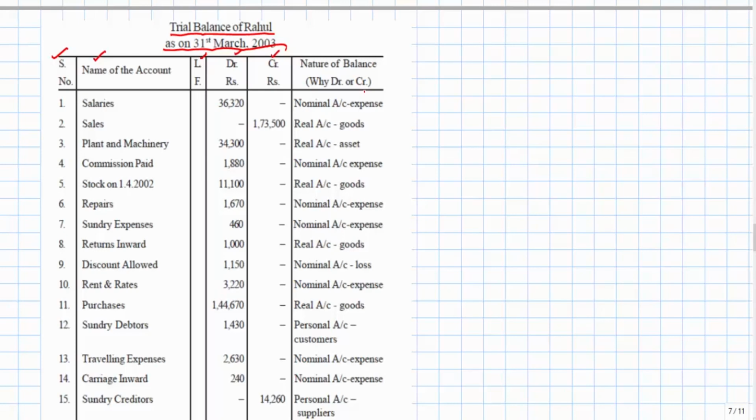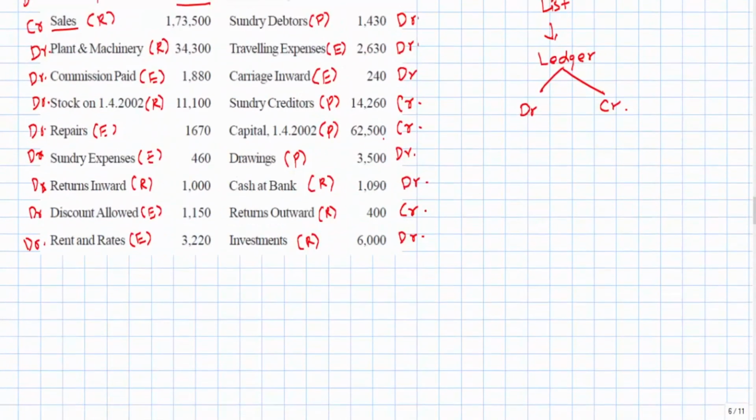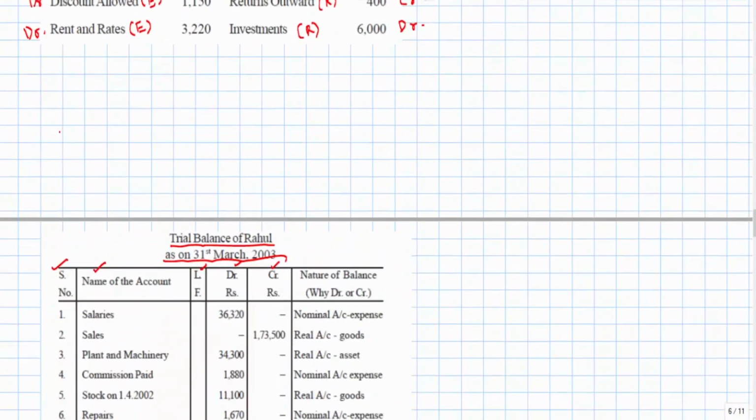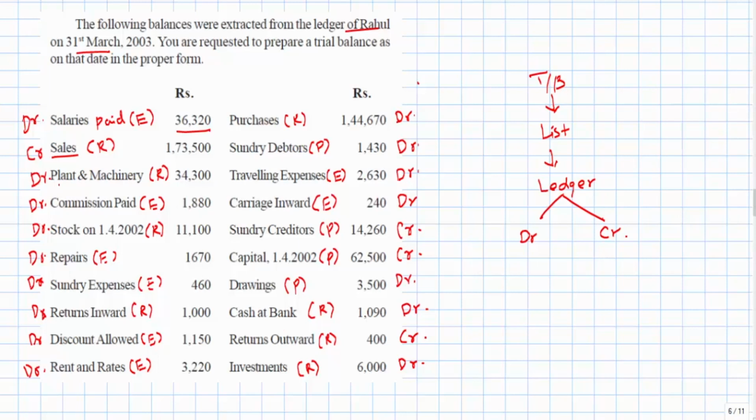So let's see. We started with salaries and sales. So here you have salaries debit balance, sales credit balance. Then you have these items: plant and machinery, commission paid, stock, repairs, sundry expenses, returns inward, discount allowed, rent and rates, purchases, sundry debtors, traveling expenses, carriage inwards.